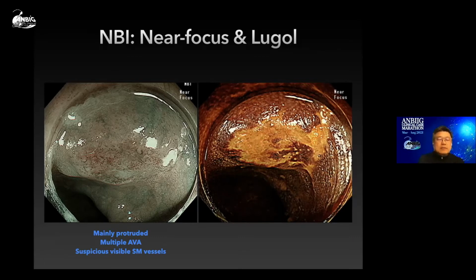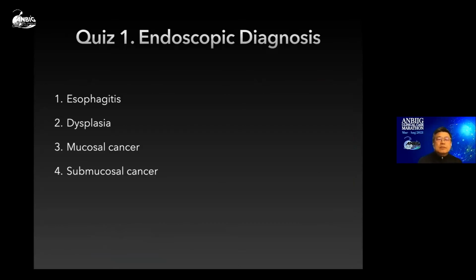At the 1 o'clock area, you can see suspicious visible submucosal vessels. The right side is chromoscopy, the Lugol-voiding lesion. So quiz 1, what is the endoscopic diagnosis of this patient? Okay, let's start.